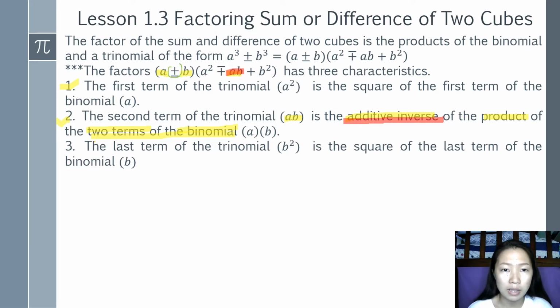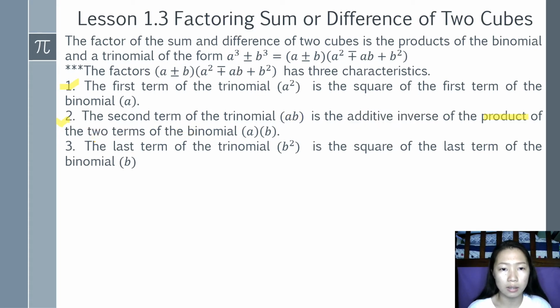Kapag a plus b ang given, mapapalitan siya ng minus. That's what we call additive inverse. Babaliktarin na rin natin yung sign. Kapag naman minus ang nasa binomial factor, magiging plus ang nasa trinomial. Okay? Ayan ang additive inverse. Imumultiply mo lang itong dalawang term, and then, aalamin mo kung ano ang sign, and then, babaliktarin mo ang sign. That's the second characteristic.